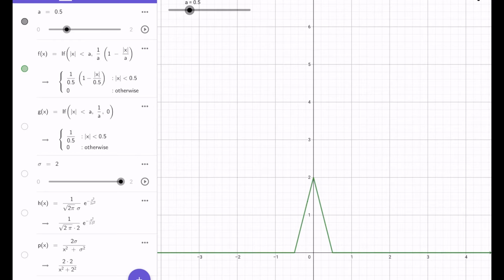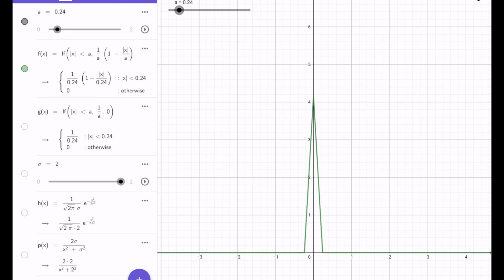For a equals 0.5, the height reaches a value 2 and its base ranges from minus 0.5 to plus 0.5, so again the area under the curve is 1. And if I decrease the value of a further, you can see it will behave as a Dirac delta function.